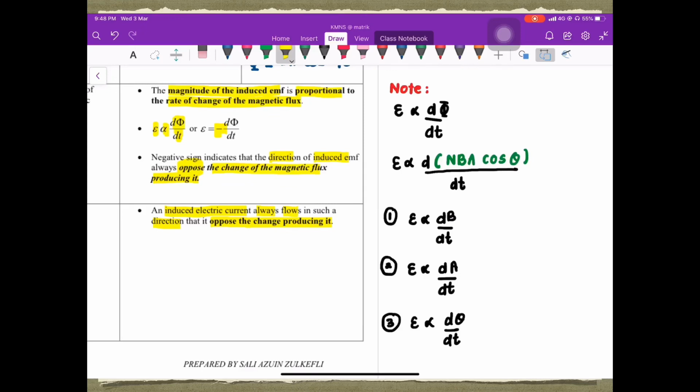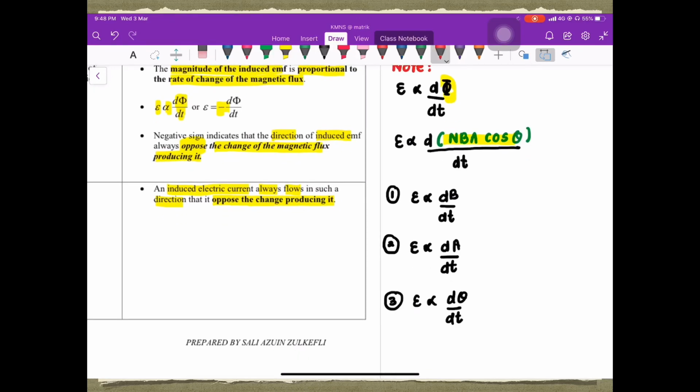Basically, when we substitute the magnetic flux with NBA cos theta here, we can see the first factor: induced EMF is directly proportional to the rate of change of magnetic field, directly proportional to the rate of change of area, and the angle. So we have three factors that influence the induced EMF.